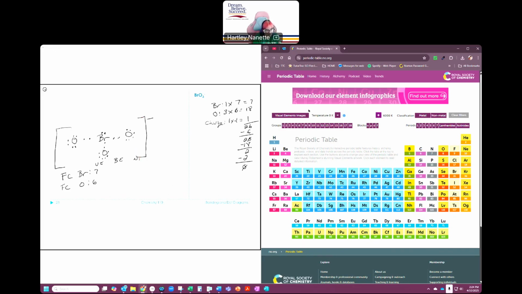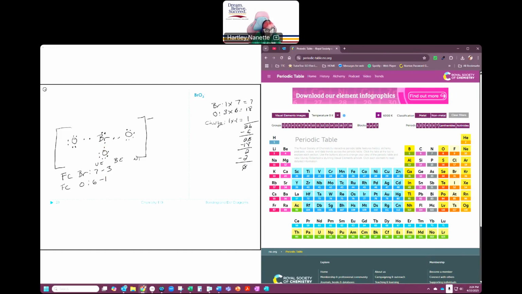If I'm a particular atom and I'm talking about this bond, half of those electrons can be assigned to me. One of those electrons is mine and one belongs to the atom I'm sharing it with. This bromine has 3 bonds, and half of those 6 electrons belong to him, so 3 of them are his. Each oxygen has 1 bond, 2 electrons in that bond, and half are his, so 1 electron belongs to him.